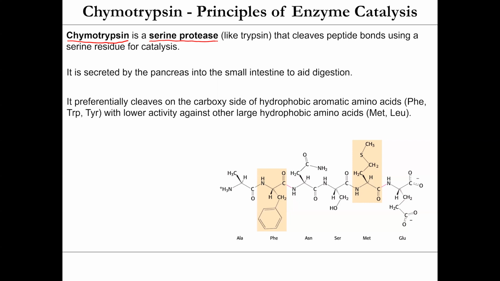Chymotrypsin preferentially cleaves the peptide bond on the carboxy side of hydrophobic aromatic amino acids. That would be phenylalanine, tryptophan, and tyrosine. Those are the three hydrophobic aromatic amino acids. Chymotrypsin will cleave on the carboxy side of those amino acids, and it also has a lower activity against other large hydrophobic amino acids like methionine and leucine.